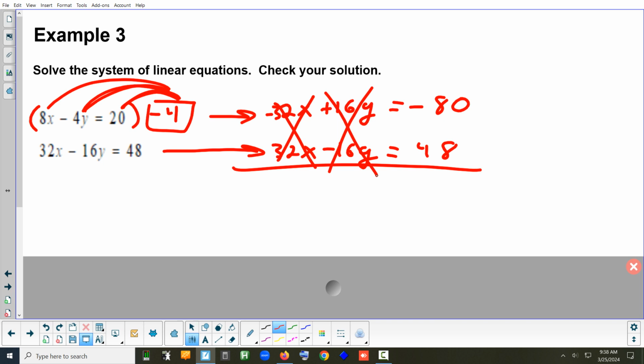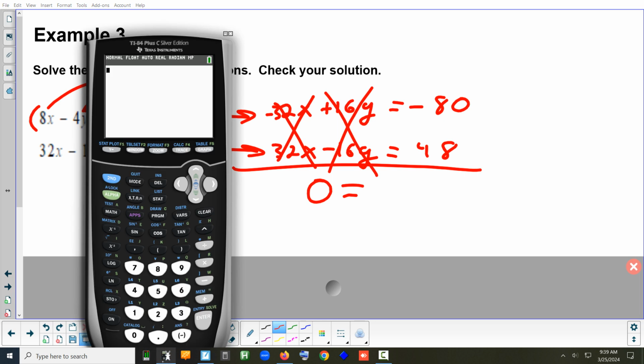That's how you know it's a special case. All your letters are gone. Now, we've got to put something on this side, but everything canceled out. So what's on the left side? 0. Yeah, 0 equals, and now we can do -80 plus 48, and we get -32.